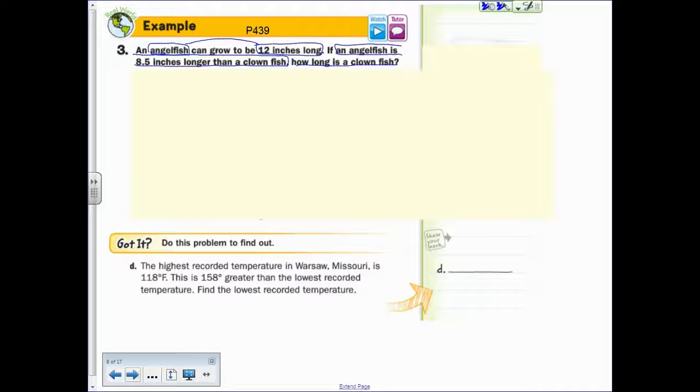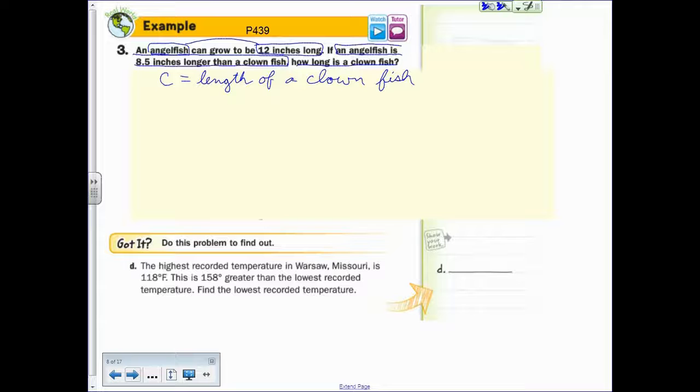So in this case, we want to know how long a clownfish is. C is going to equal the length of a clownfish. This is called defining the variable. We're saying what the variable represents.